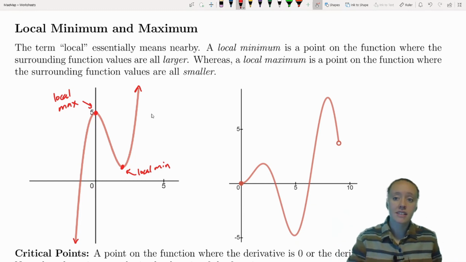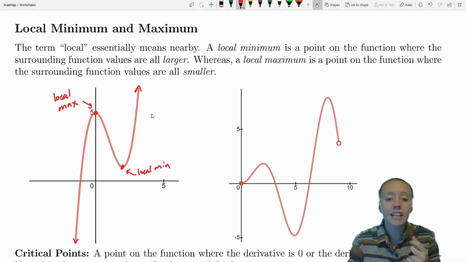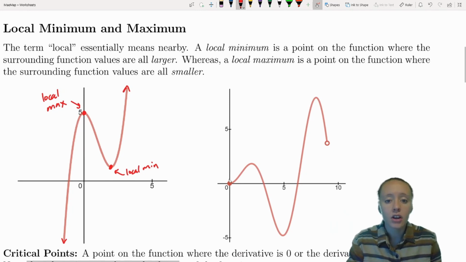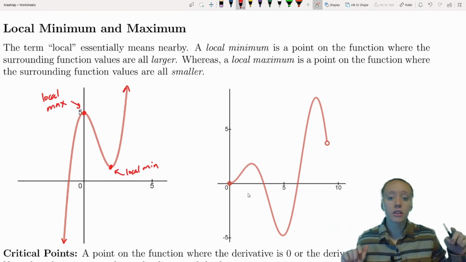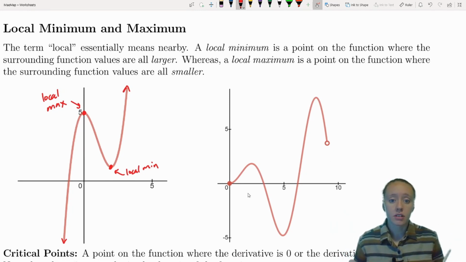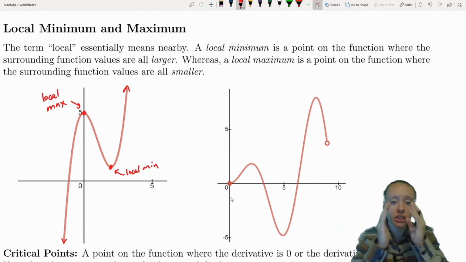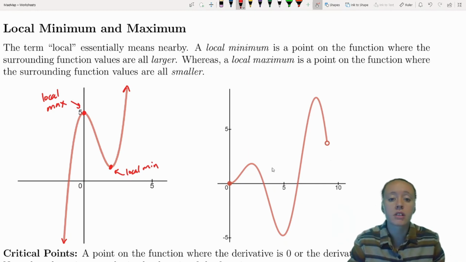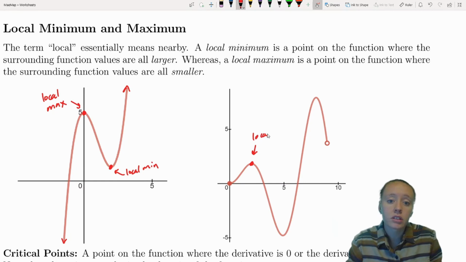Let's look at this second example. What makes this second example slightly different is that our function doesn't continue on, we have endpoints, or at least one endpoint over here. We have that open circle. So let's first look, not at our endpoints, we'll talk about our endpoints in a second, let's look at everything between those points. You can see that we have a local maximum here, because that's the largest value around.